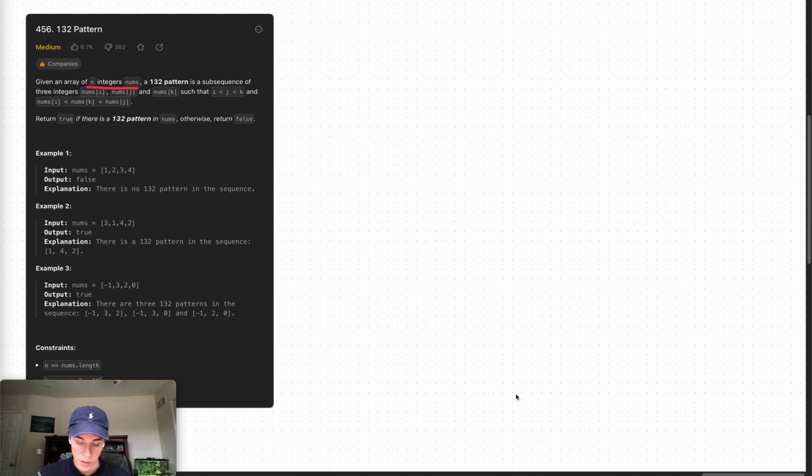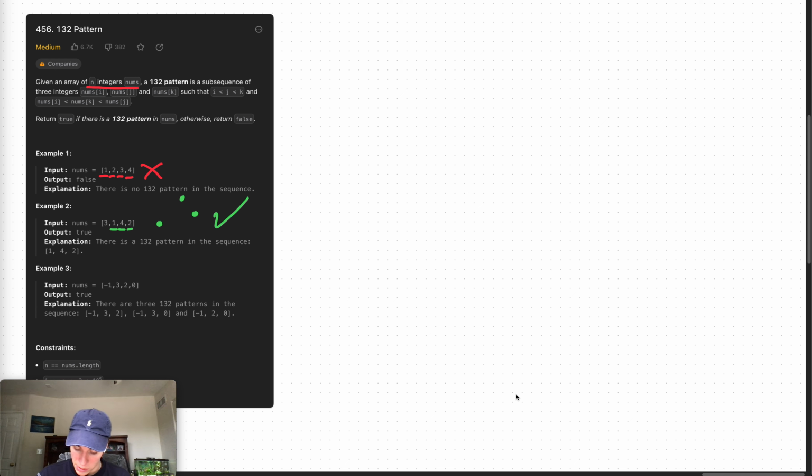Let's look at a couple of examples. So we're given nums 1, 2, 3, 4. This is false. I can't find anything within there that follows that pattern. Let's look at 3, 1, 4, 2. What about 1, 4, 2? 1, 4, and then 2.